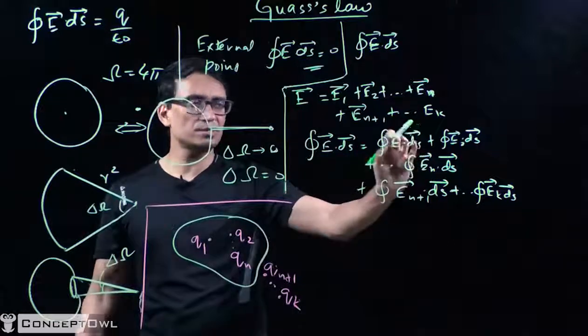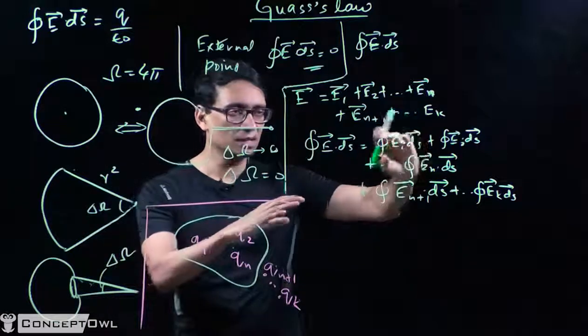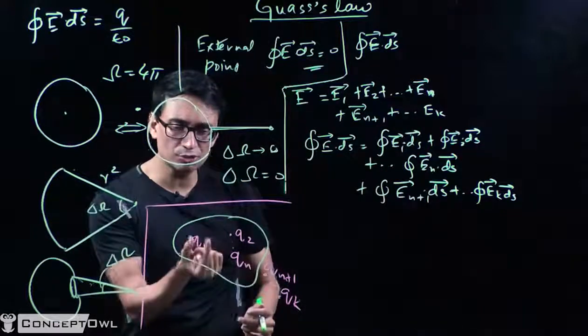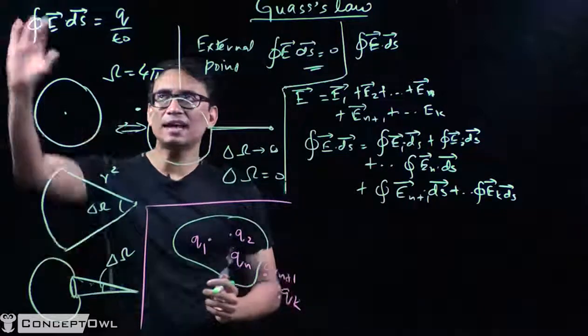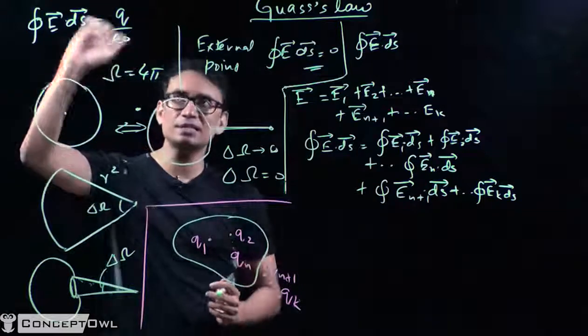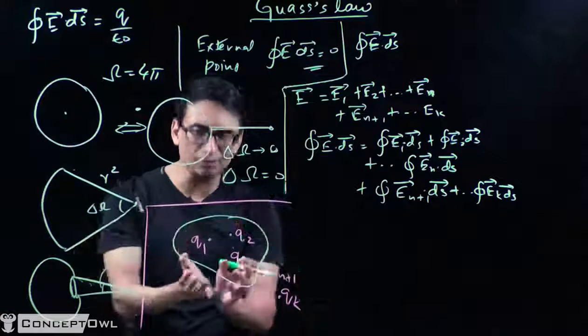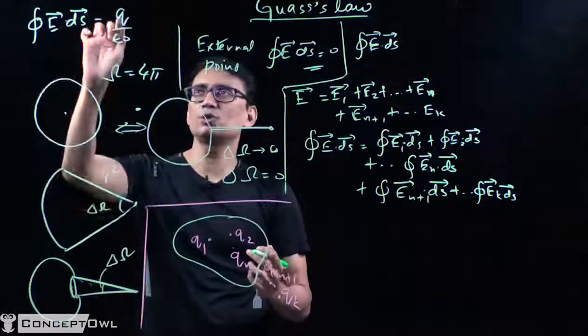This is the value of the electric flux for the closed surface because of just one charge. And what is that? For just one charge inside the Gaussian surface, or inside this surface which we call a Gaussian surface, it was Q upon epsilon naught.